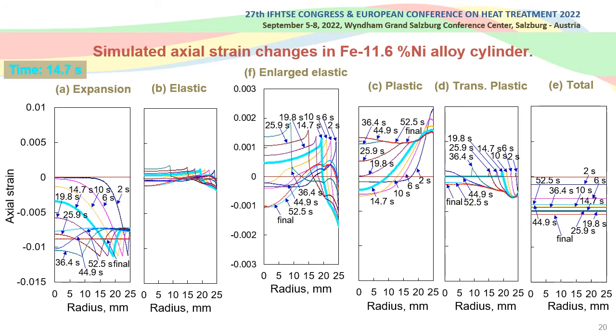The slide shows the various strains at 14.7 seconds. The same cooling and phase transformation phenomena as in the previous slide continue to occur. Thus, a similar trend can be seen in the expansion plastic, transformation plastic, elastic, and total strains.